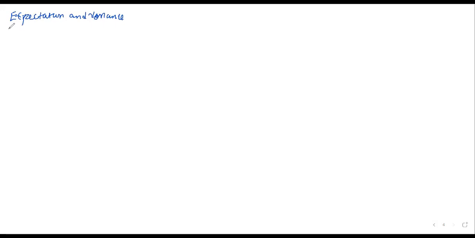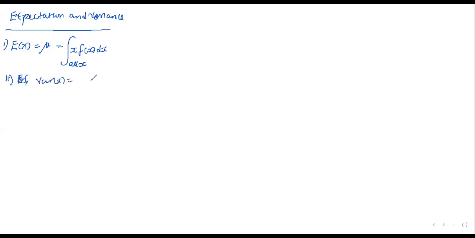It's not so complicated. So the expectation is defined by this. The expectation or the mean mu is equal to the integral over all x of x times the function f of x, with respect to x. Then secondly, variance is got from E of x squared minus the expectation of x, but this is the mean squared.